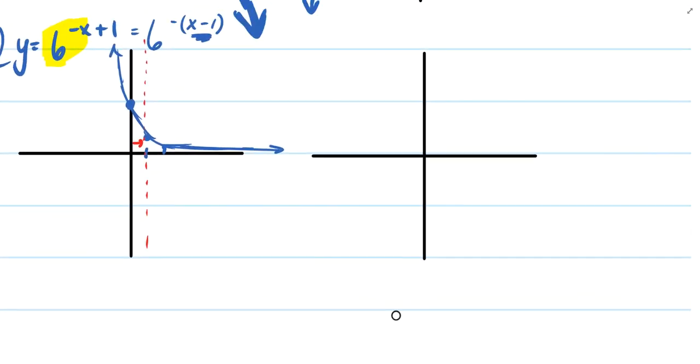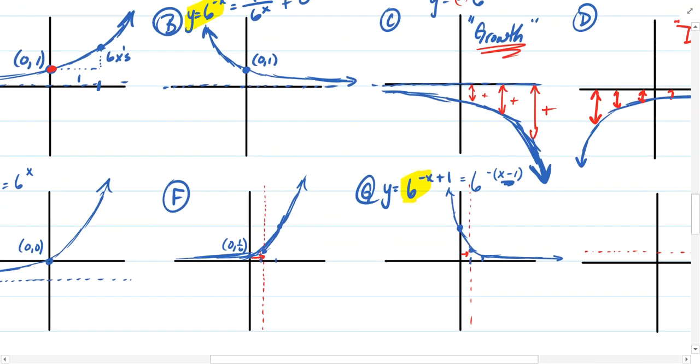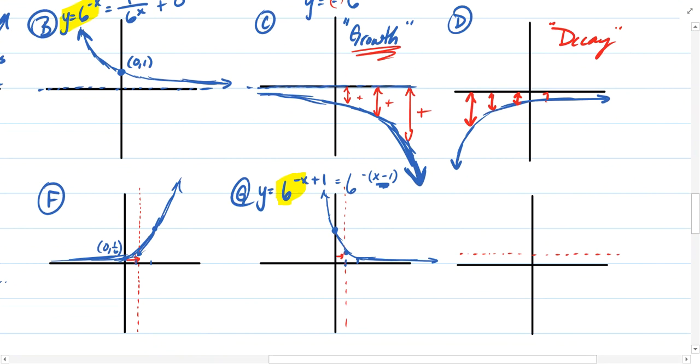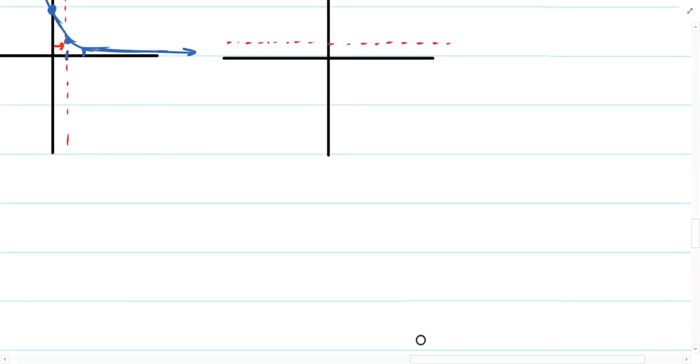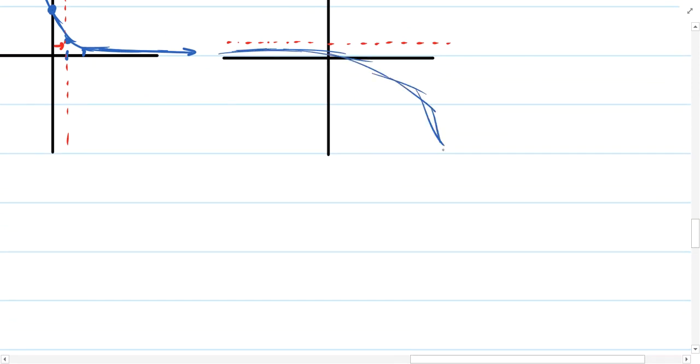So rather than leveling off or tending towards 0, it's going to level off, tend towards 1. And because of the shape in part C being an exponential growth, but running downward and away from the horizontal asymptote, then I think a good sketch for this graph would look like this.